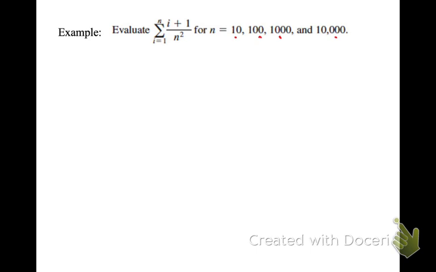And that does not fit any of my rules that I just gave you, does it? No. But could I separate that into the sum from i equals 1 to n of i over n squared plus 1 over n squared?